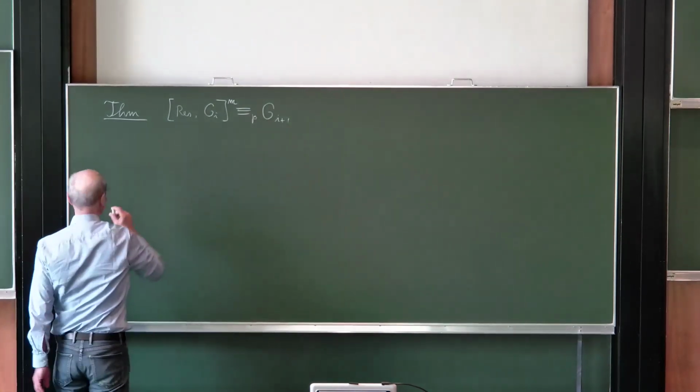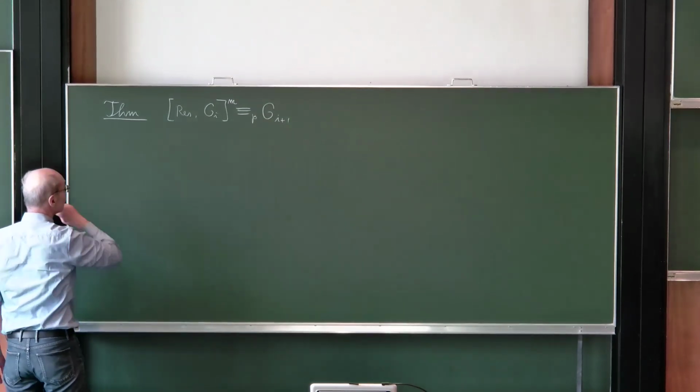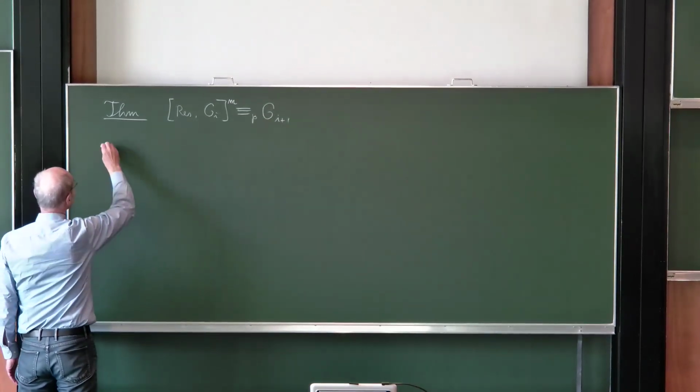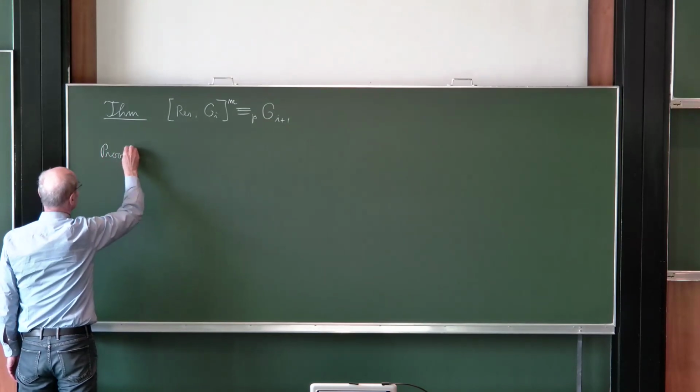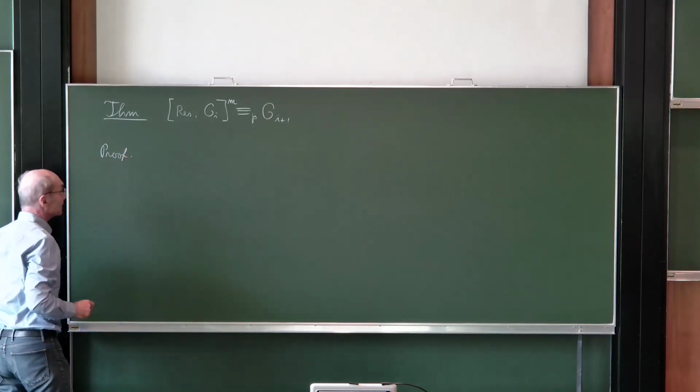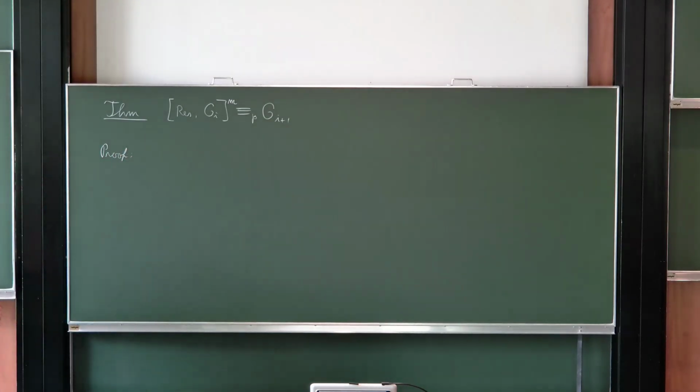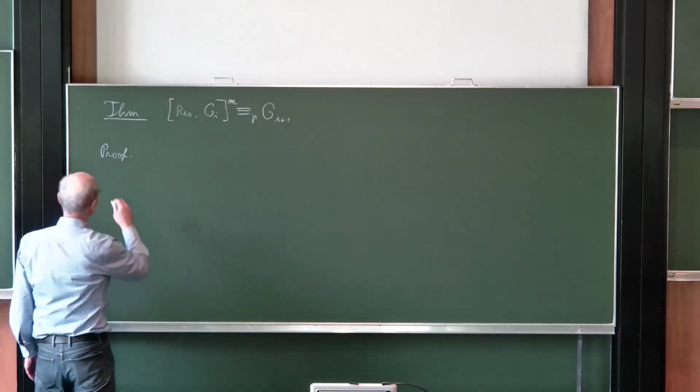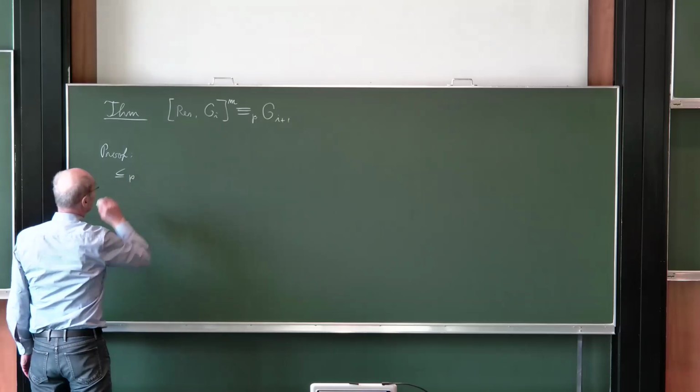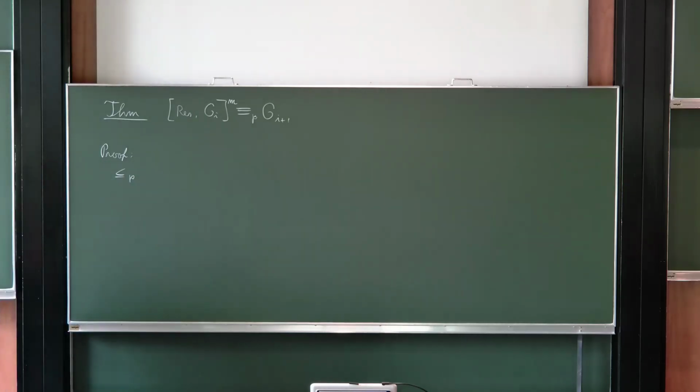Let me say a few words about the proof. I have very little time. One direction is very easy, namely to show that G_{i+1} polynomially simulates this system. And this is because we can use this relation between theories and proof systems.